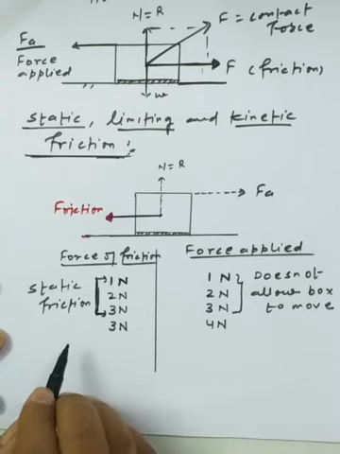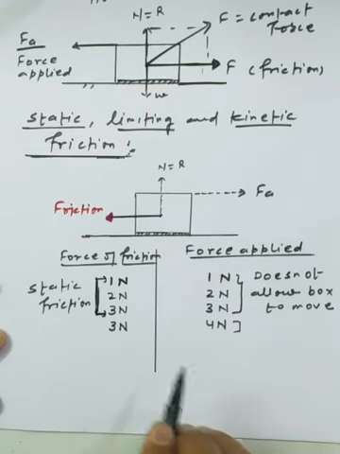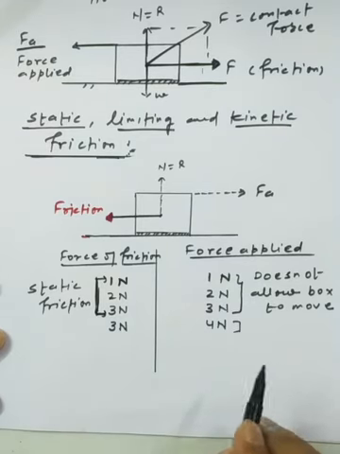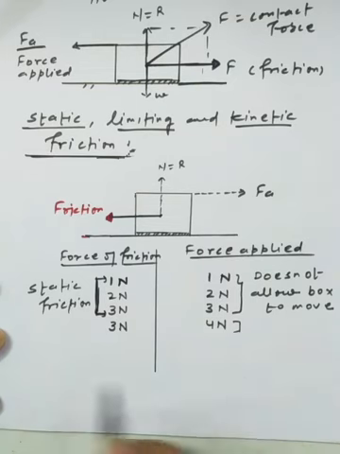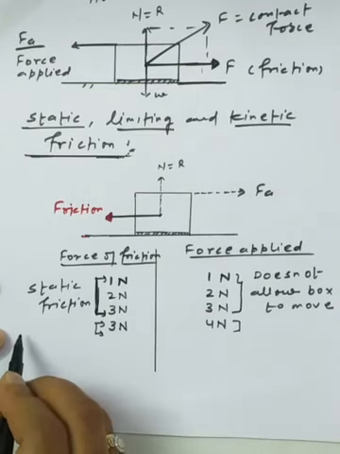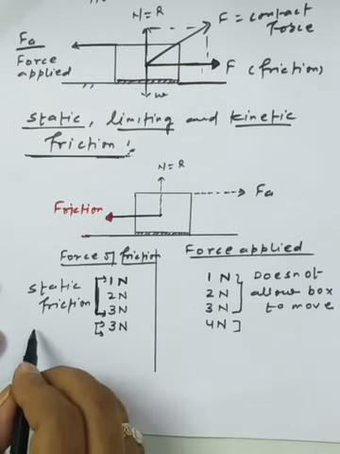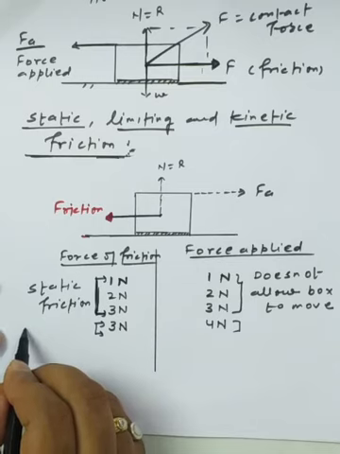Now as we are approaching a magnitude of applied force greater than the force of friction, the box does not move slightly or steadily, but it just begins to slide. In this case the force of friction that comes into play is called the limiting friction.